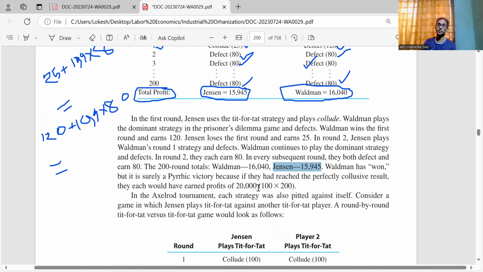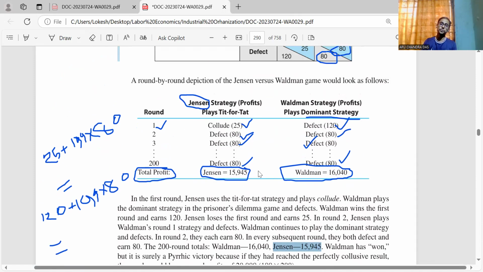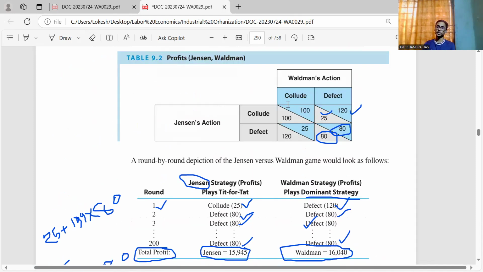They each would have earned a profit of 20,000. If both players, Janssen and Waldman, had played collude, as we see in the payoff matrix, they would each earn a profit of $100 in every round.